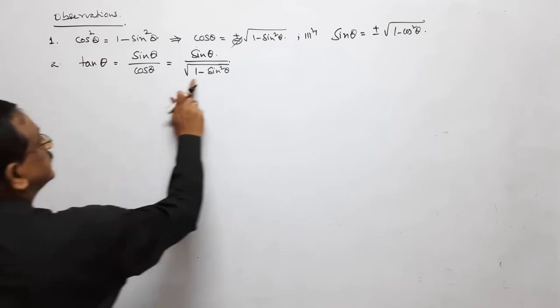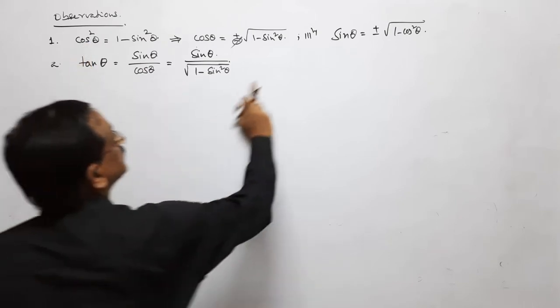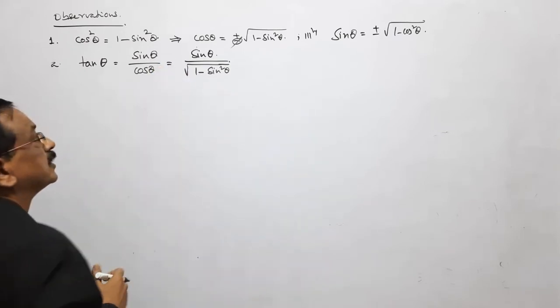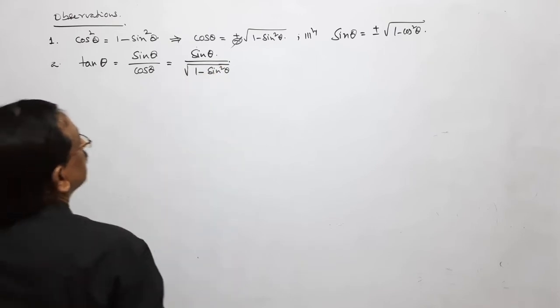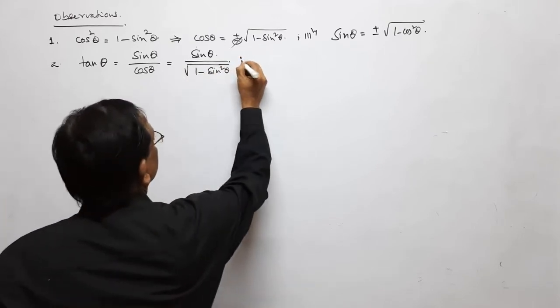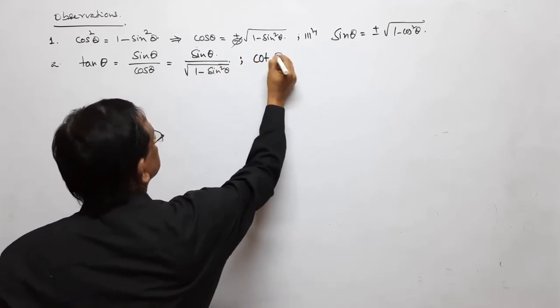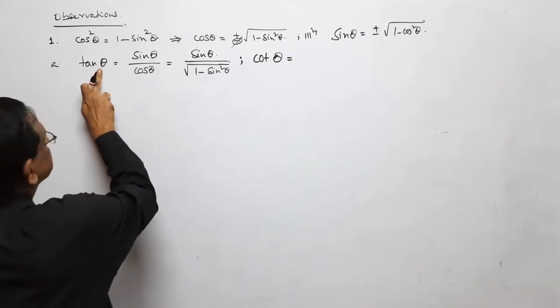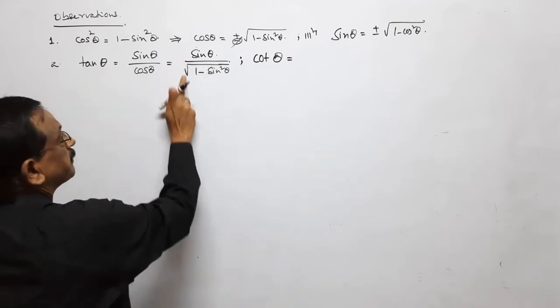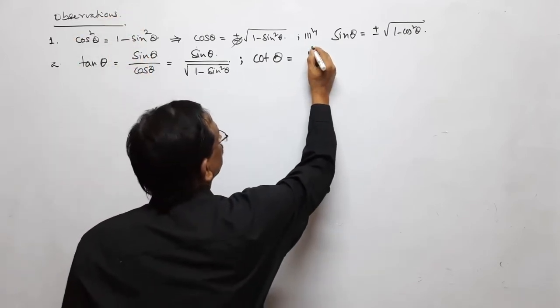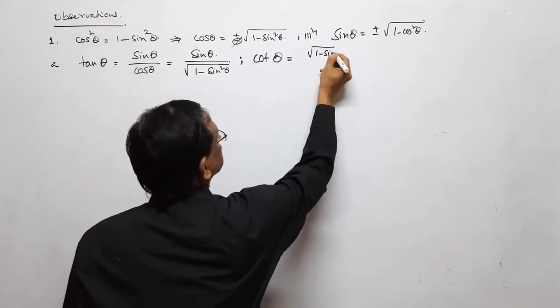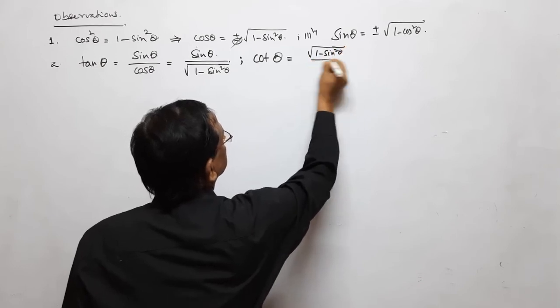So tan is in terms of sine, cos is in terms of sine, sine is sine, so cosecant and secant can be expressed. For example, how do you write cot theta from this in terms of sine? Tan theta is sin theta by root 1 minus sin square theta. So cot theta is the reciprocal, which gives root 1 minus sin square theta by sin theta.